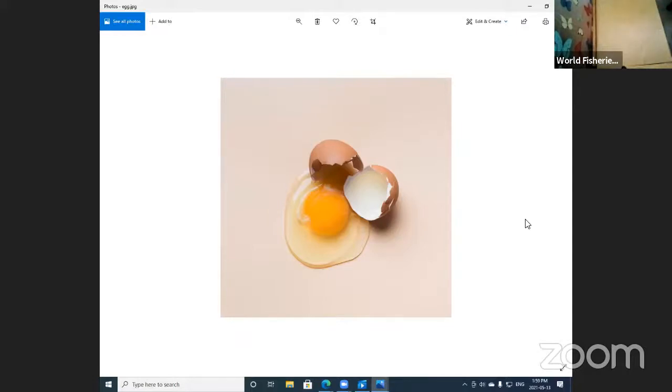All right, any last minute guesses for eggs? Acidic or basic? Okay, Yuko's saying acidic for eggs. Anybody else wants to contribute?